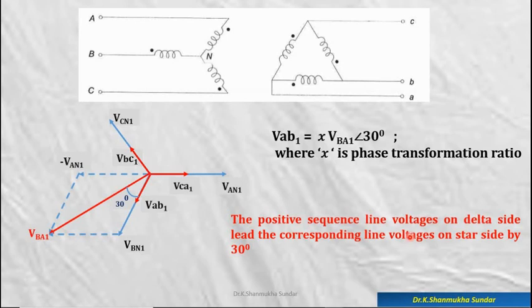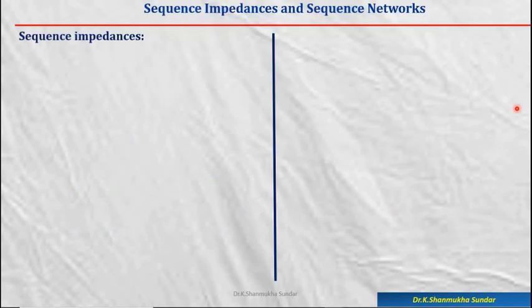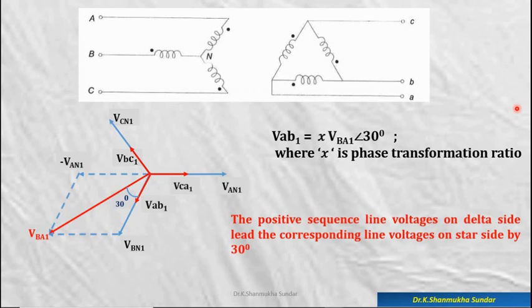This is a different scenario I have explained. So it depends on the labeling of the terminals also here. Is it clear? So this is regarding the phase shift. That means whenever the star delta transformer is excited with either positive or negative sequence voltages, it will have a phase shift. Is it clear? Thank you.